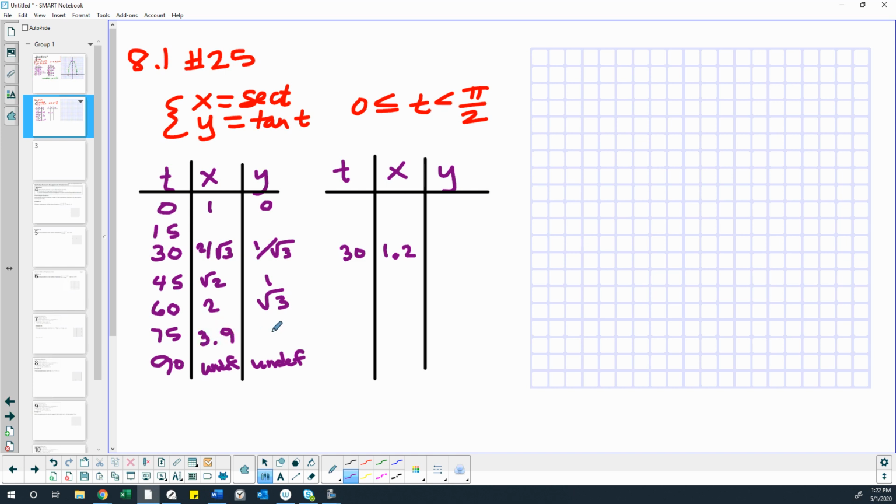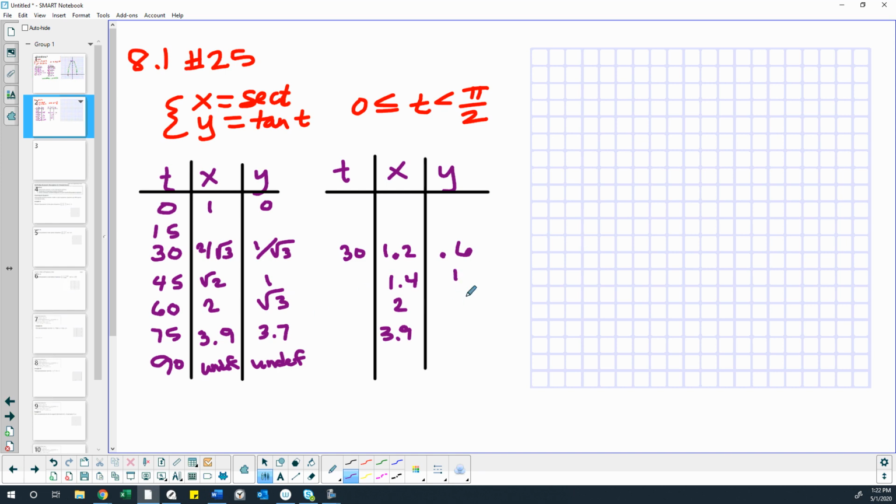0.9. Okay. And tangent? Okay. And then can you do square root of 3 and 1 over square root of 3 for me? Okay.